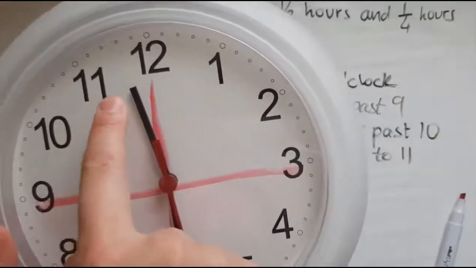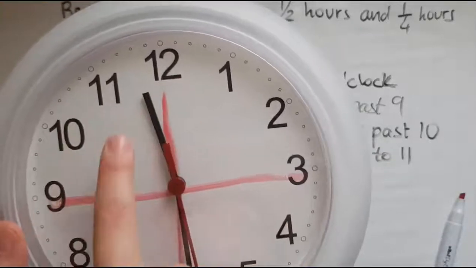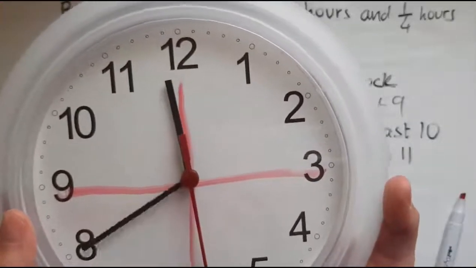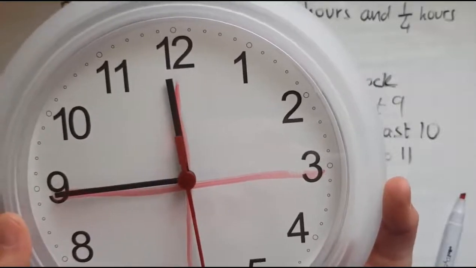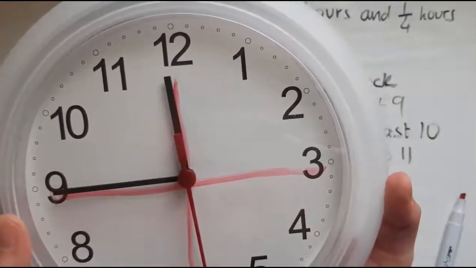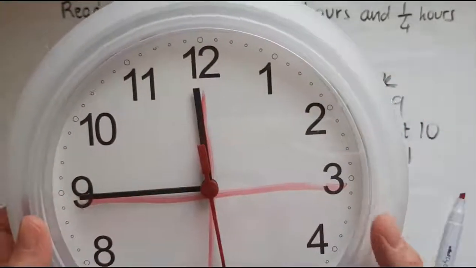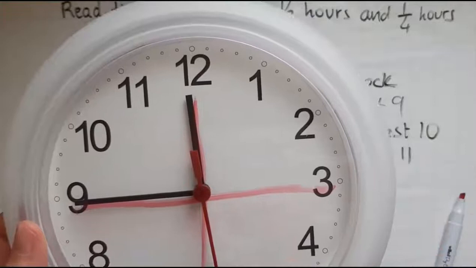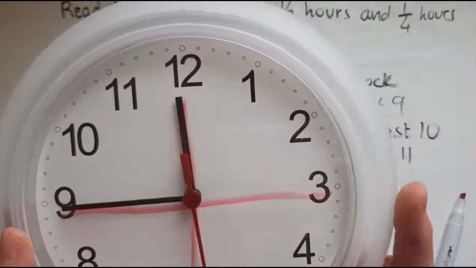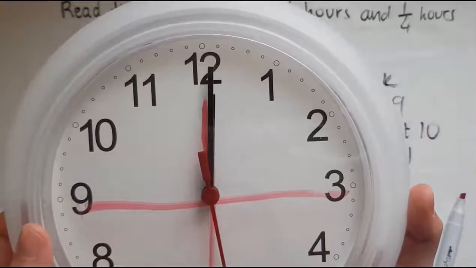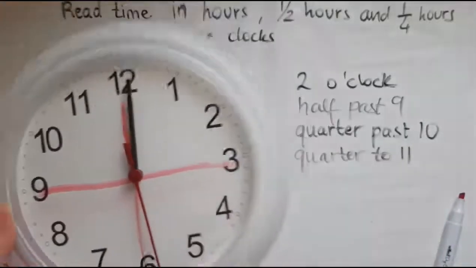So it's past 11, as you can see, not 12 yet, and it is half past 11. And now this is not 12 yet, but it is quarter to 12. It needs a quarter an hour to get to 12. And this is then finally 12 o'clock.